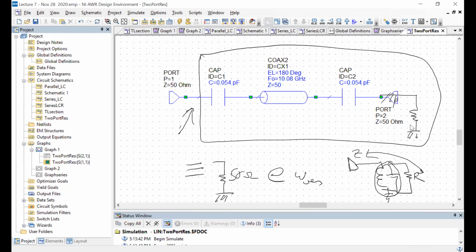And not just that, this entire circuit at resonance seems to sort of just disappear in terms of what it's doing, and what you're left with is really just a 50 ohm which is matched to this 50 ohm.